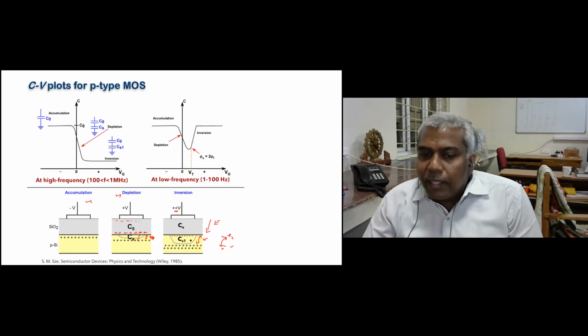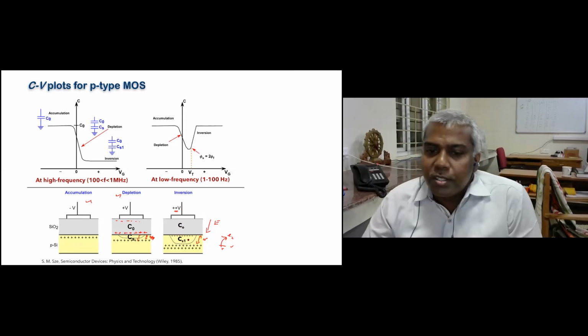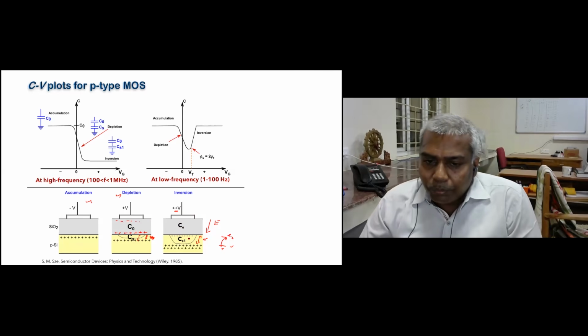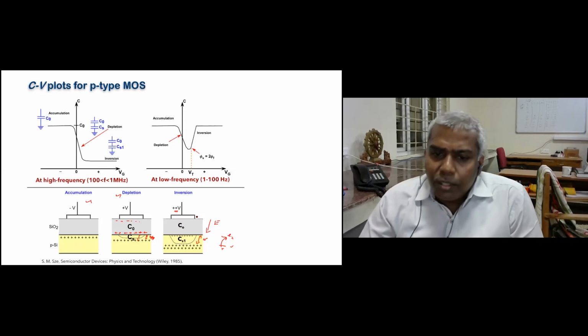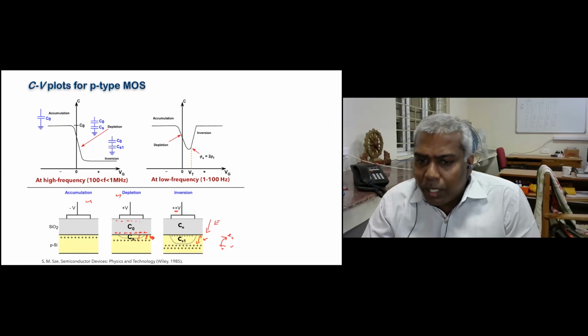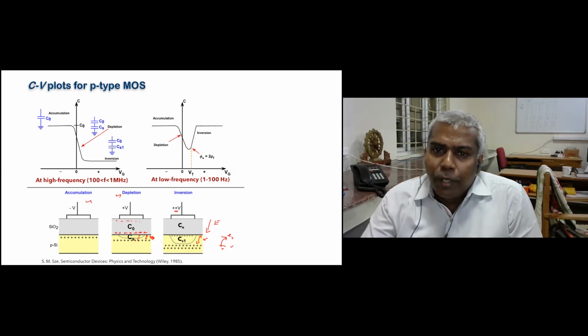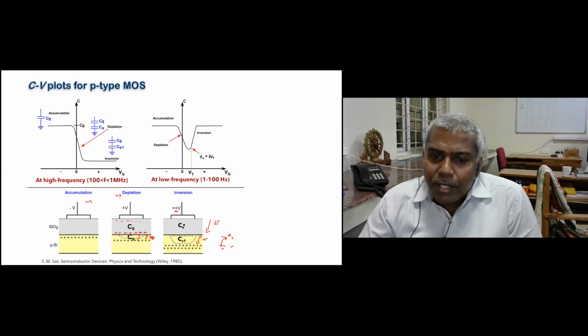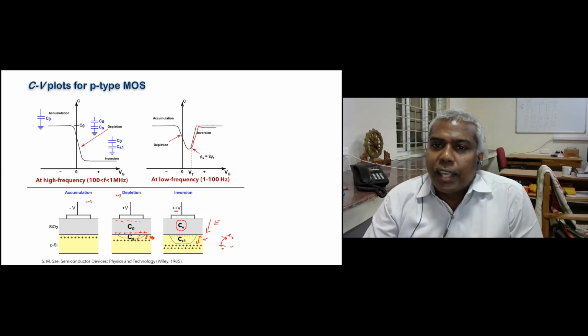You see, that is called an inversion layer. Inversion is generated. So the contribution of the depletion capacitance becomes negligible. Then the total capacitance is just managed by this C ox again. It will go back to this case here.